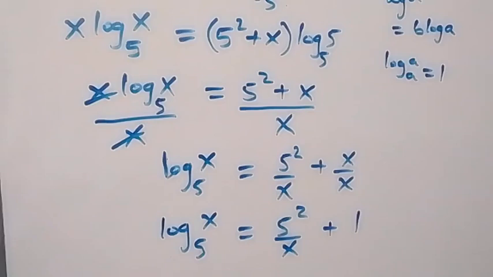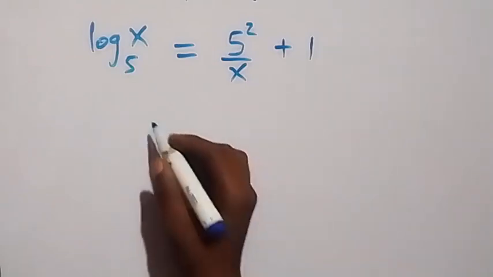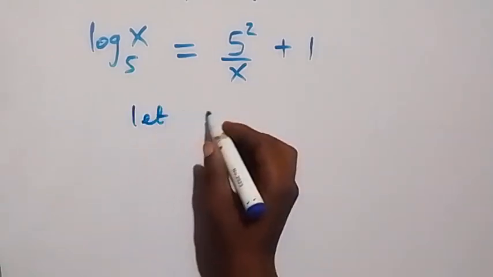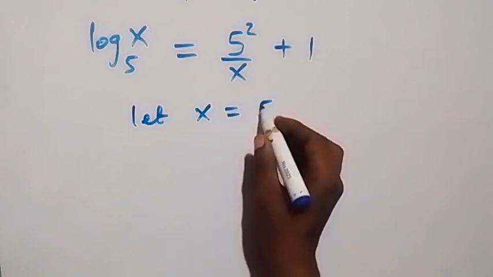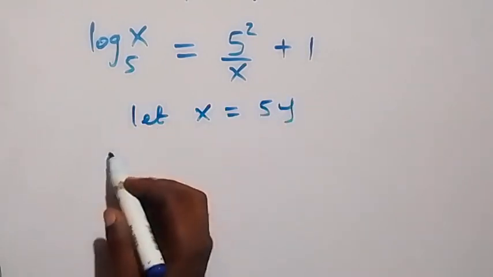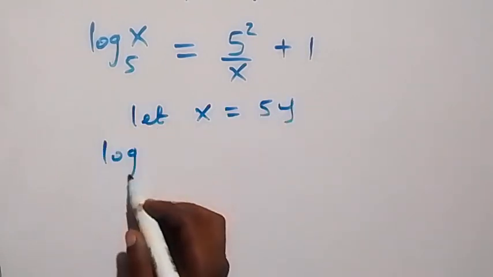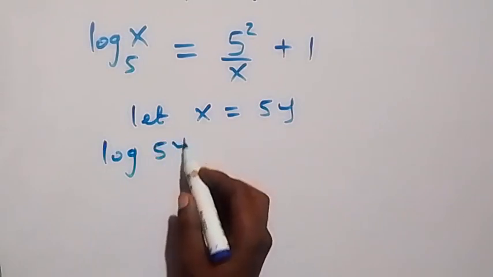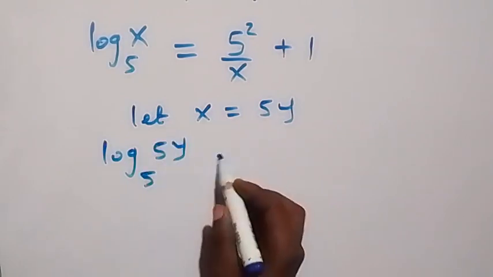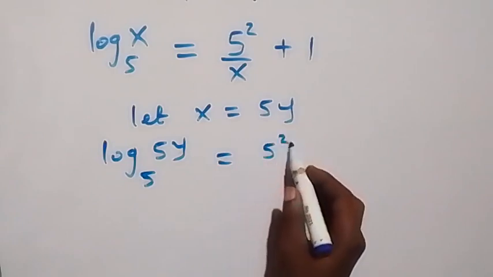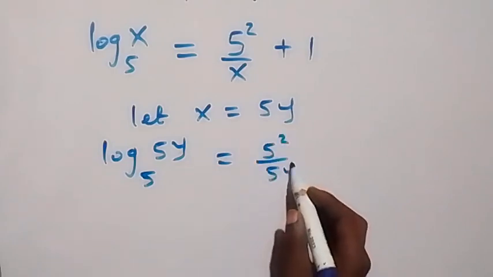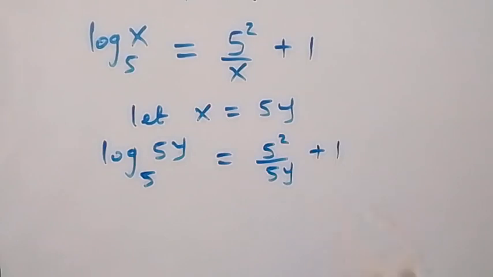Then from here, let's represent x as 5y. Let x be equal to 5y. Then we can write this as log 5y base 5 equals 5 square over 5y, then plus 1.